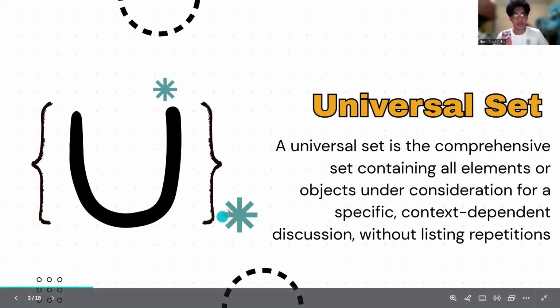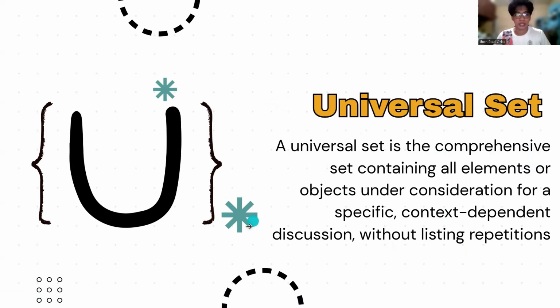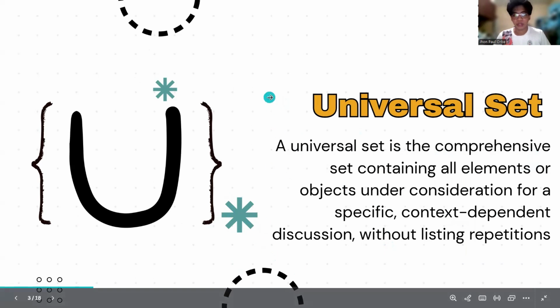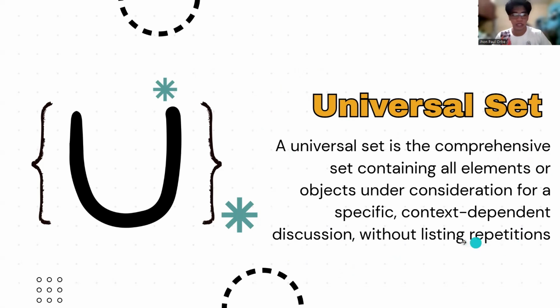So for example, if we are talking about numbers, for the even numbers, we have set A containing all even numbers. So all other numbers under that set, under the universal set, because it contains all of the numbers under that set. So it is listing without repetition.